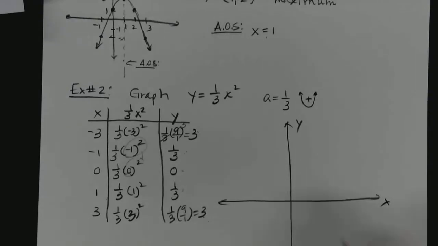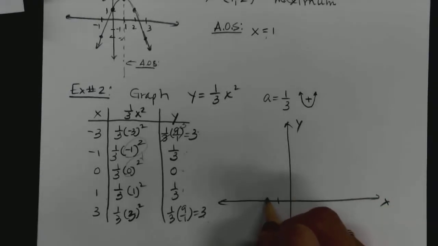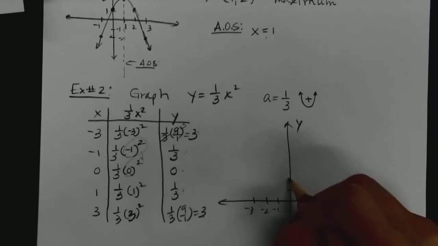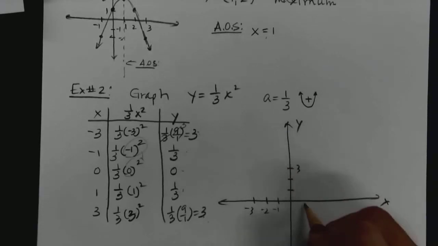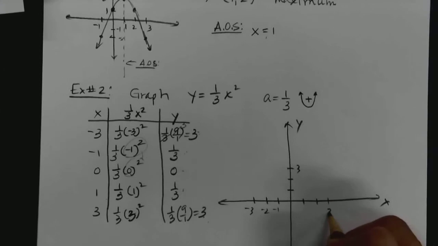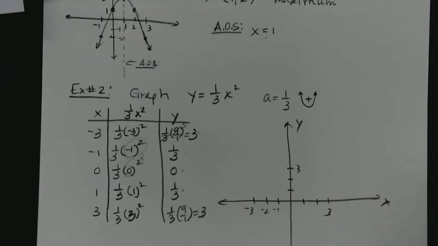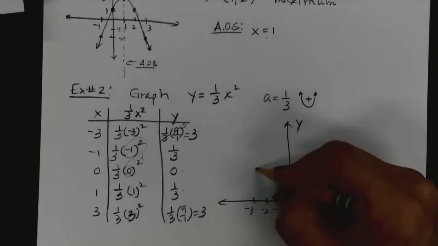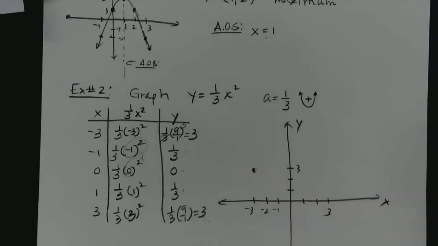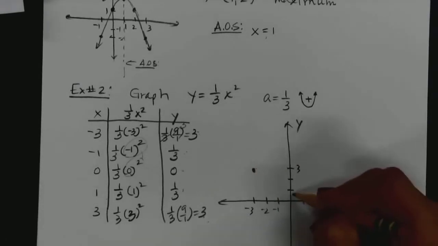On the y-axis and x-axis here is -1, -2, -3, -2, -1. And then here's 1, 2, 3, and then 1, 2, 3. There we go. All right, -3, 3 is right here. Okay. And then I got -1, 1/3.